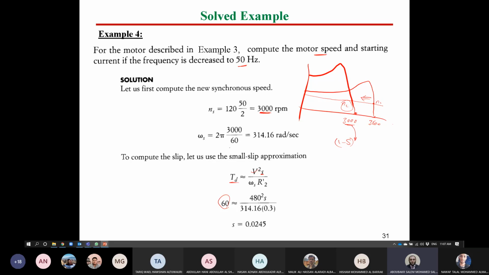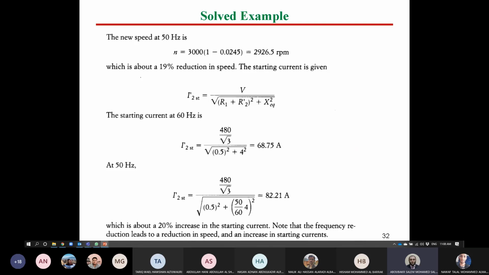Now we have the value of slip. You have all of the parameters of the circuit. However, you only have X equivalent at a different value because frequency has been decreased from 60 to 50. So we expect that X equivalent now at 50 Hertz will be 50 over 60 multiplied by X equivalent, which is given in the nameplate data or in the problem.